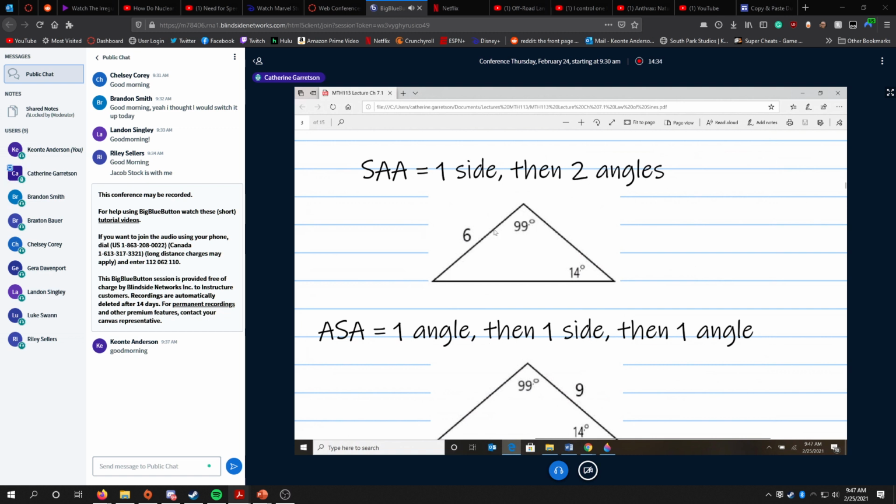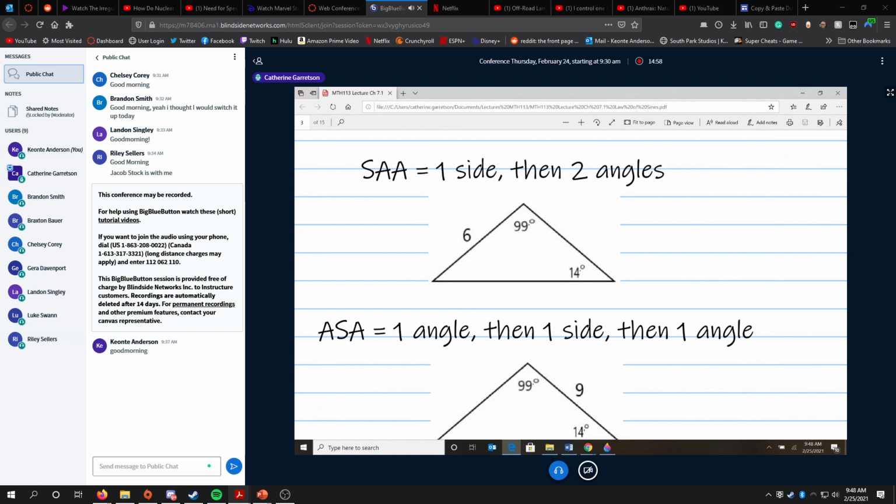So again, this would be your given information. You've got a side, and then as you go around, you know the angle, but I don't know the side that's between the angles, and then another angle. So I would read this as side, angle, angle as I proceed around the triangle.